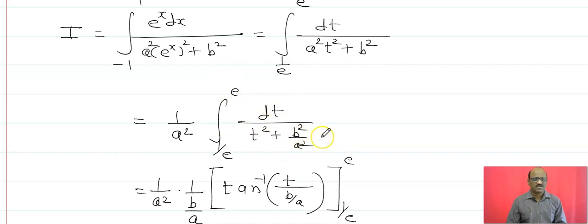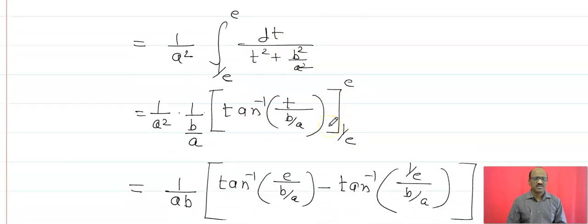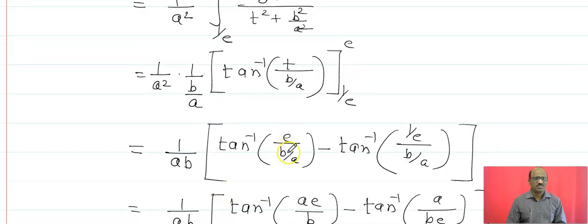What about its integral? It is of the form tan inverse. That is 1 upon a, where a here is b upon a, so tan inverse of t upon (b upon a), with limits lower 1 upon e, upper e. Substitute upper limit minus lower limit. This a will get cancelled. You will get 1 upon b, tan inverse of e upon (b upon a) minus tan inverse of (1 upon e) upon (b upon a).